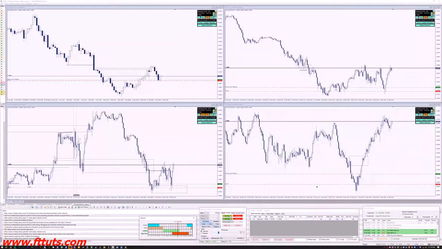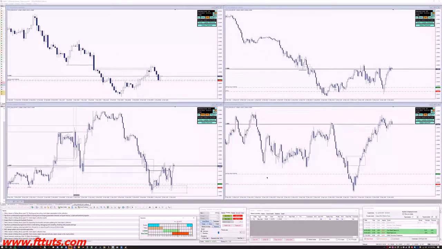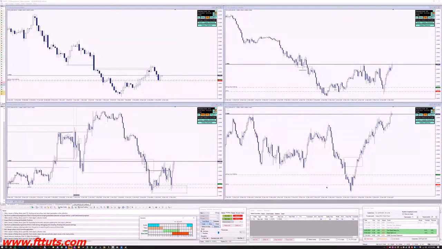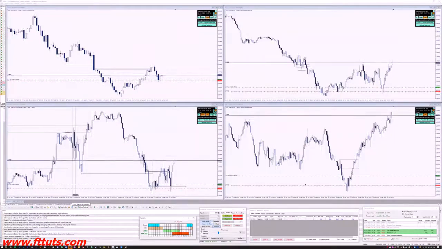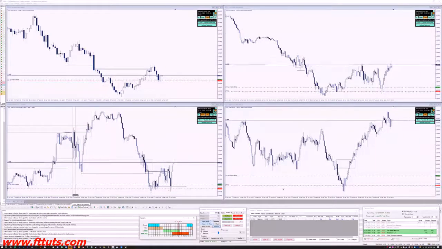I forgot to mention too, it is a change of character type of thing, but I want to see that super liquidity then break the nearest structure on its respective time frame. Makes sense.